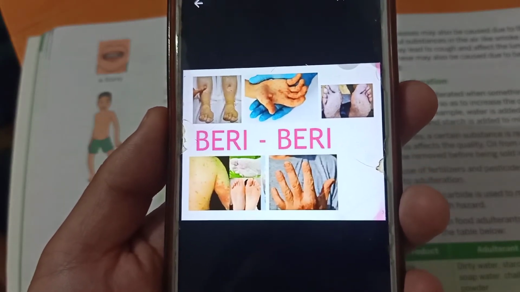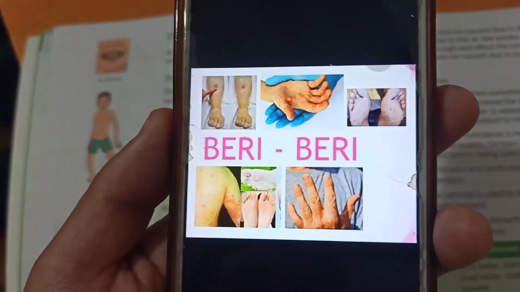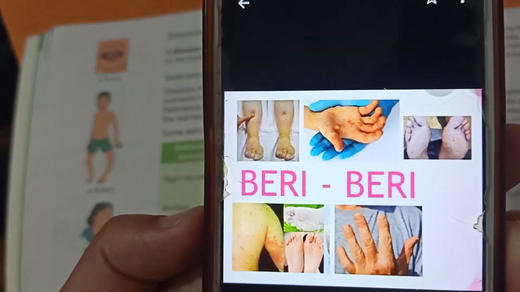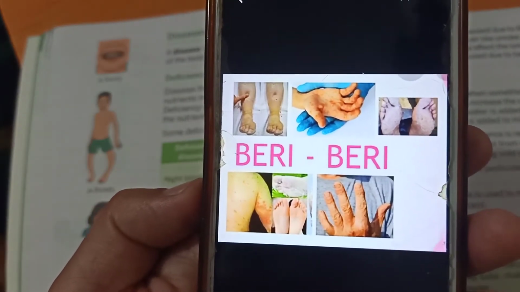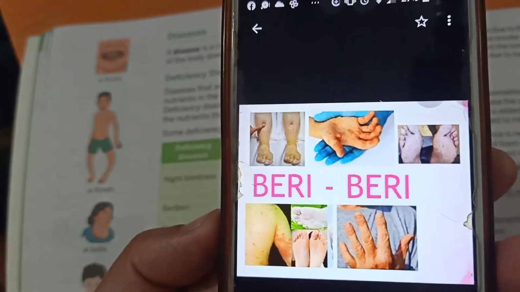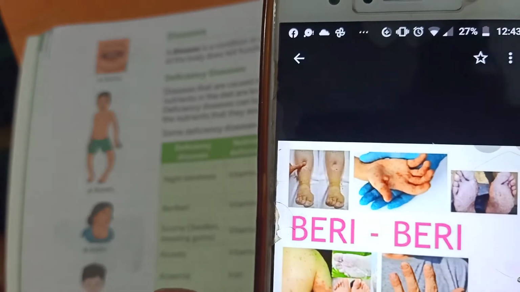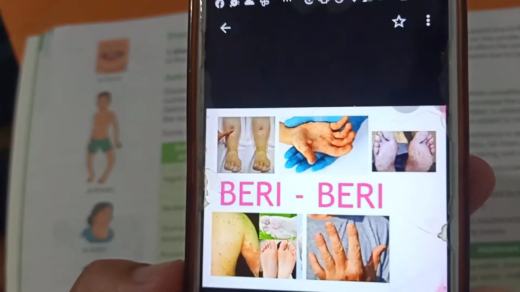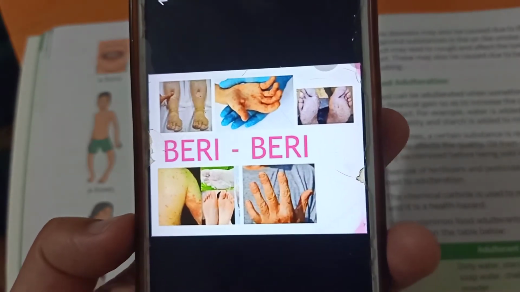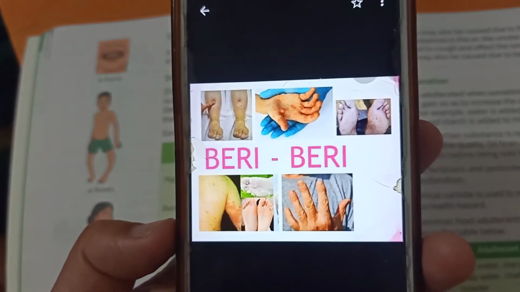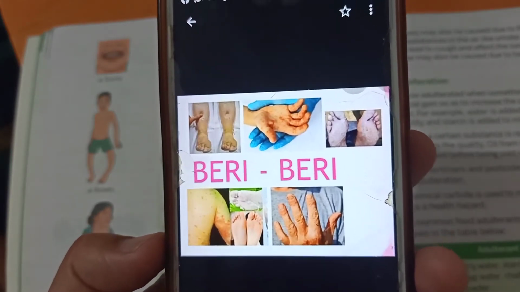Therefore we have to take precaution that we should not lack vitamin B1 in our diet, because the lack of vitamin B1 might cause beriberi.